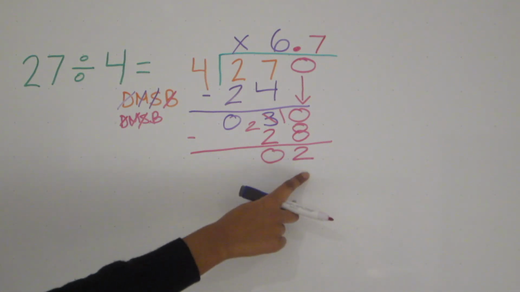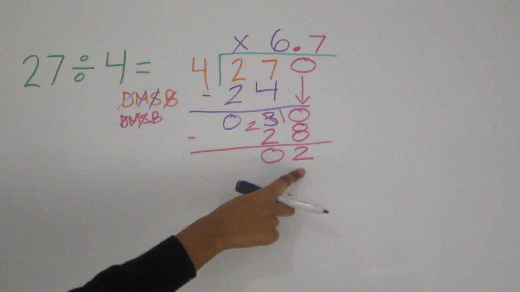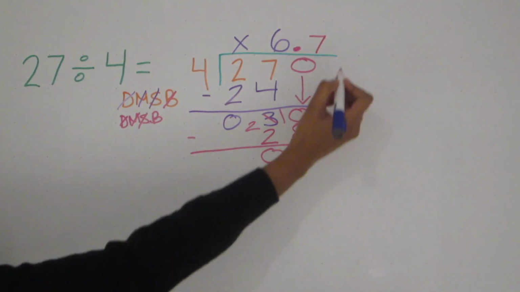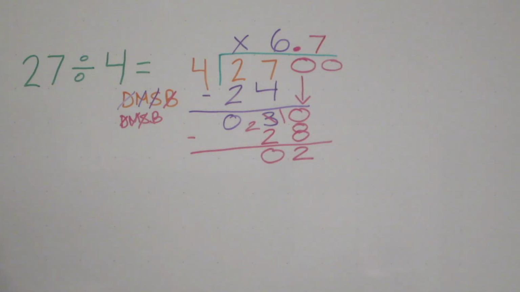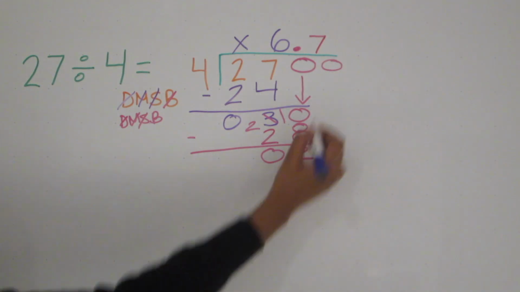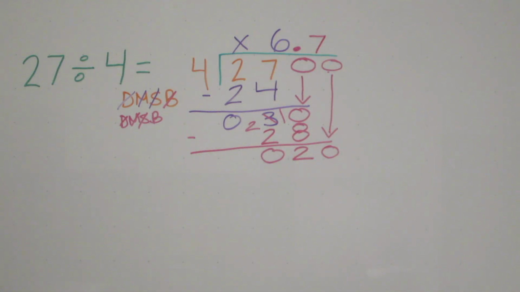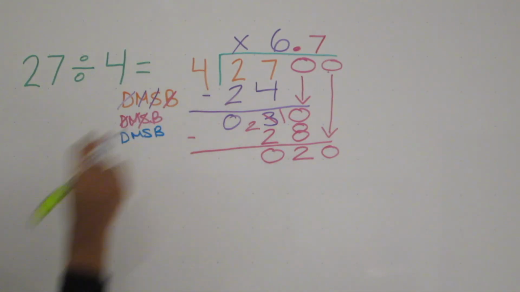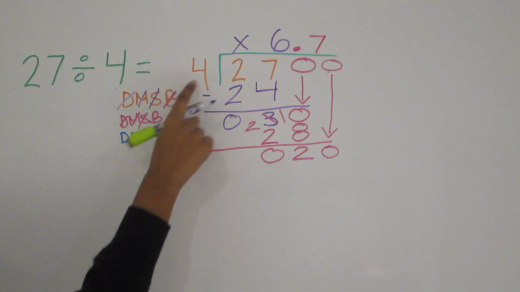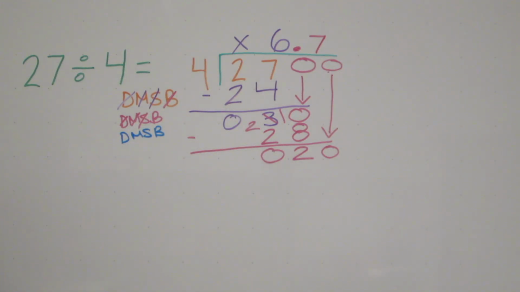And if we divide 2 by 4, 4 can't go into 2. So we have to add a 0 inside the house again. And then we're going to bring down the 0. And that makes it 20. So 20 divided by 4, how many times can 4 go into 20? That's 5 times.